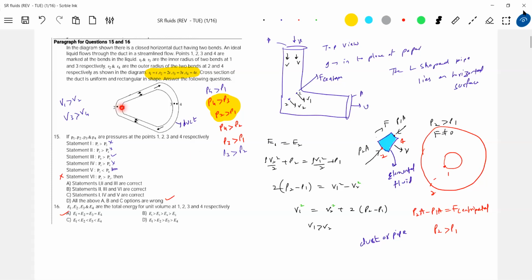Between R1 equal to R and R4 equal to 4R. Radius of curvature of this is more, this is less.